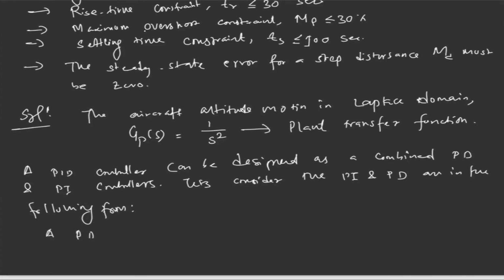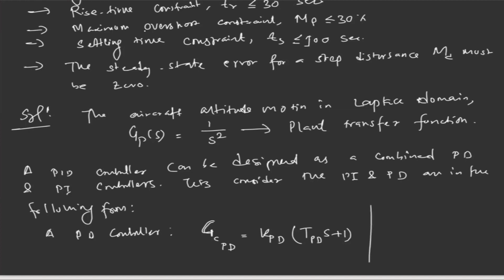The PD controller can be written in the form of GC, basically the controller transfer function. We're writing it in this form: KPD into TPD S plus 1. So in this form, we are writing the PD controller.